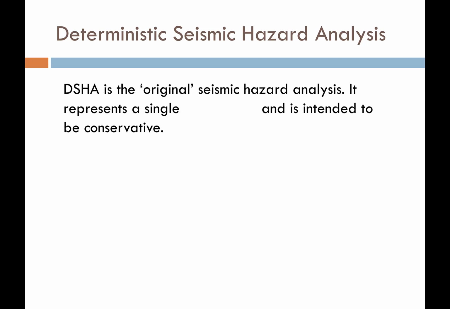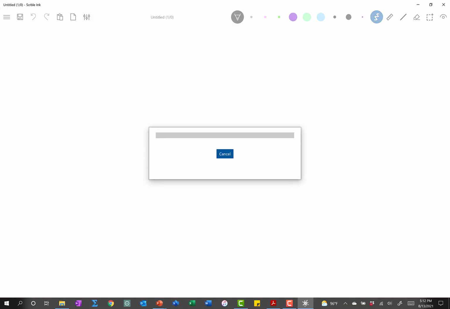So let's jump in first to a deterministic seismic hazard analysis, the DSHA. This is what I affectionately like to call the original seismic hazard analysis. It was the first seismic hazard analysis, and it really makes sense. I mean, it's also the common sense seismic hazard analysis. So in other words, if you're the engineer and you have three seismic sources, it's easier if I just show.